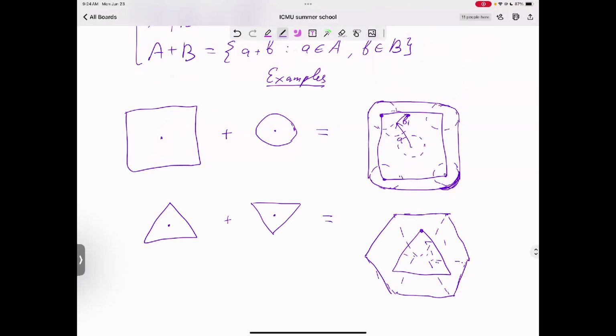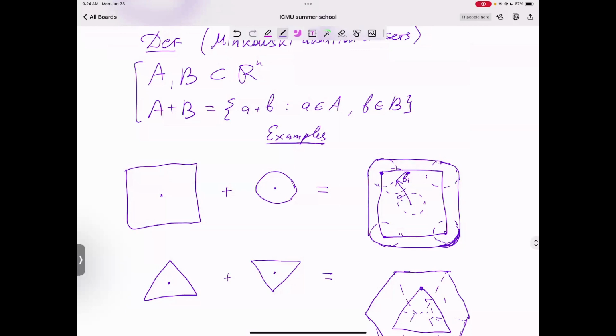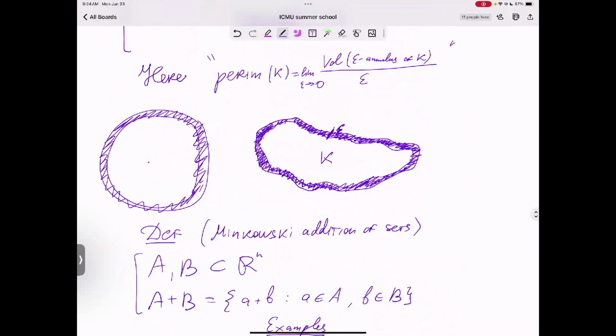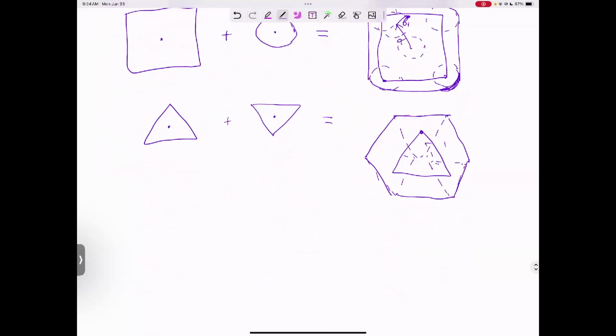You take two shapes, you move one around the other because you add all pairs of vectors, and that's what you get. So this enables us to understand better the surface area, this perimeter, the annulus that I was drawing earlier.